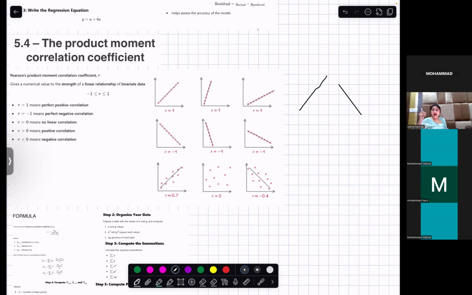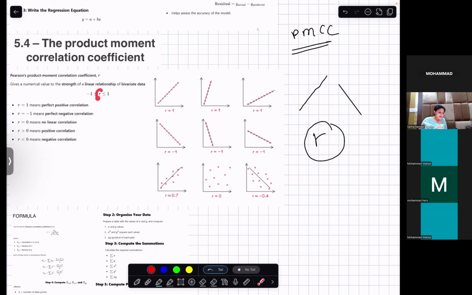But how strong is the relationship between your variables is given by R. The product moment correlation coefficient is called R. R tells you the strength of your relationship between the variables. And your regression coefficients are A and B.